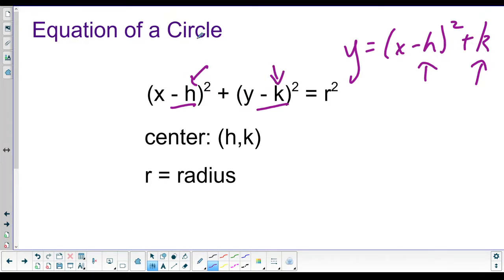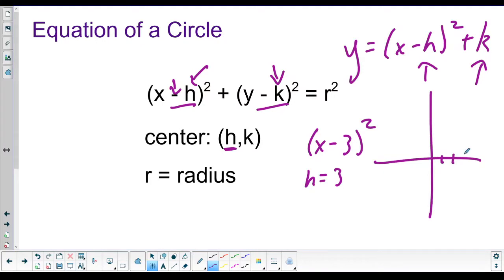So this h is going to actually be the horizontal location, or the x value, for the center of our circle. So if we have something like (x minus 3) squared, then h equals positive 3. Remember, this negative is part of the equation, so we just want the number, so 3. So you're going to change the sign. That means somewhere on our graph over here at 3, our circle is going to be lined up with that.